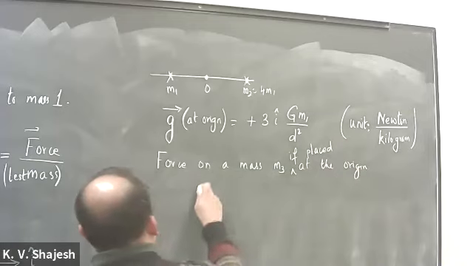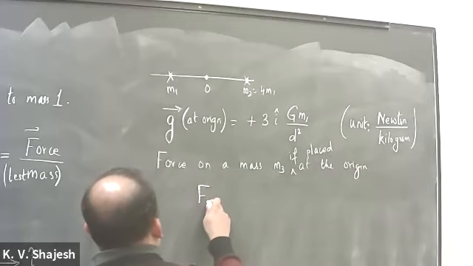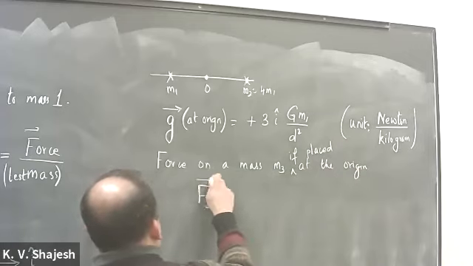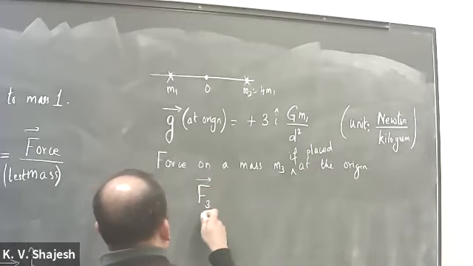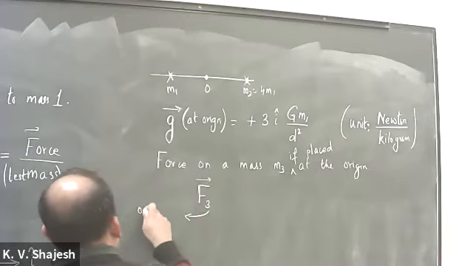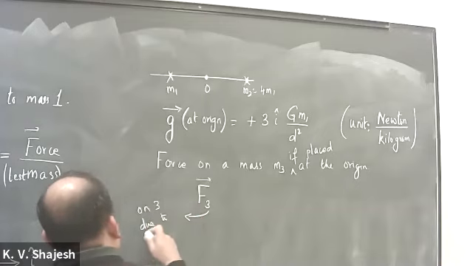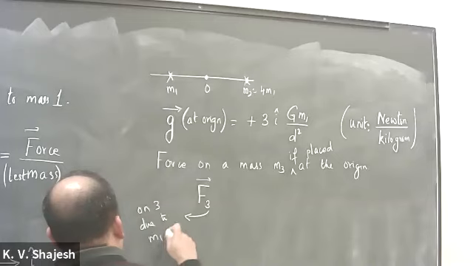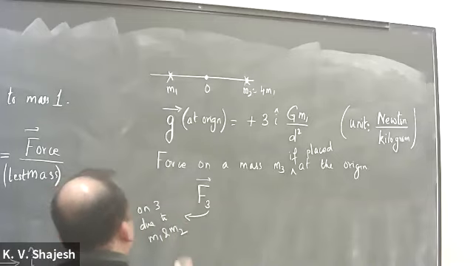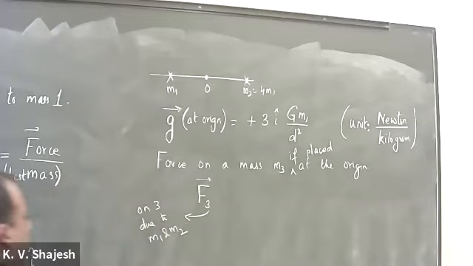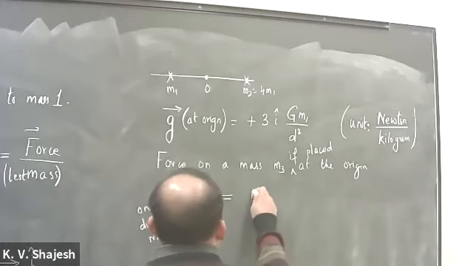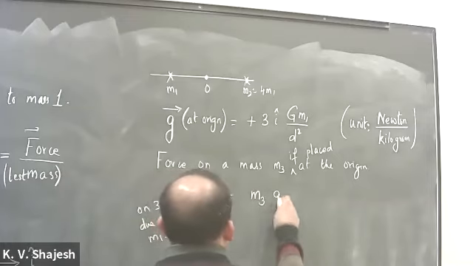So F on 3, due to M1 and M2, is equal to M3 times G.